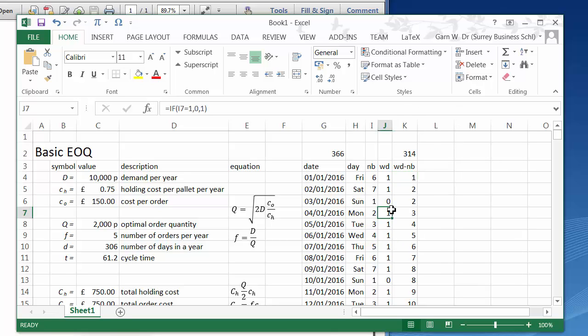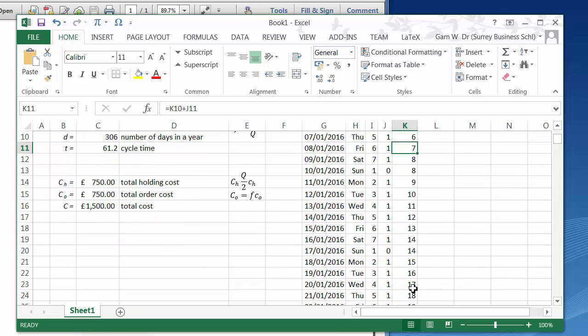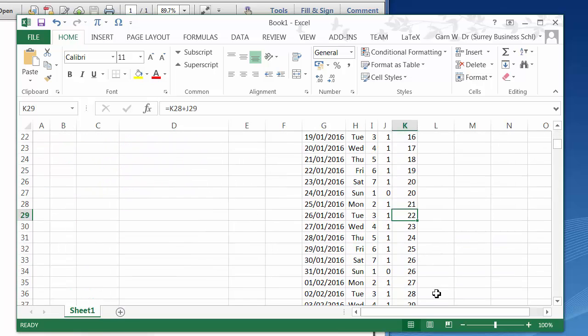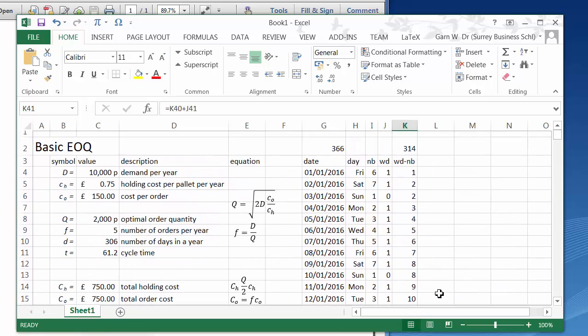So we determined that the cycle time is 61.2 days. There is the modulo function which would help us to immediately say when to reorder. So every time we can divide by 61, then we take that.